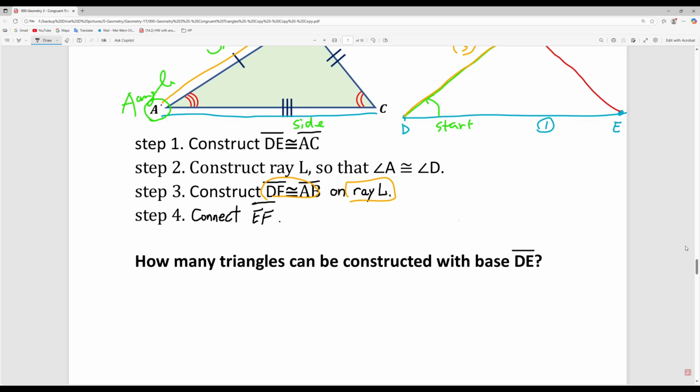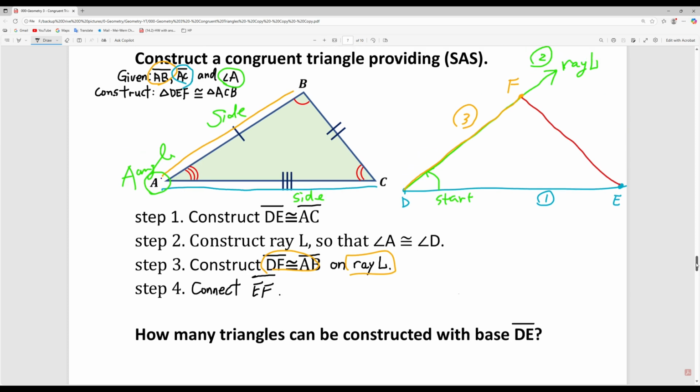Okay. Now, how many triangles you can construct? Only one. Because when you construct a DE, there's only one DE you can construct. And when you construct DF, there's also only one DF here. So there's only one possible. Now keep going.